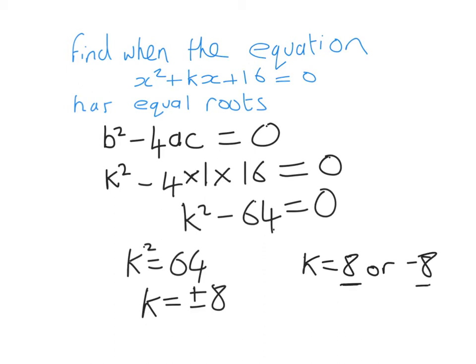If I put in 8 or negative 8 in place of k, that equation would have equal roots. If you drew a graph of it, it would just touch the x-axis. And we can tell that because the discriminant is equal to 0. That's how you would answer a question like this.